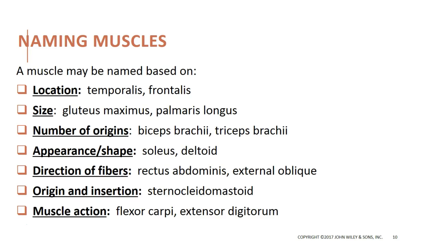The direction of the fibers is used for naming muscles when we look at something such as the rectus abdominis. Rectus or rect in the human body indicates something that is straight. So these are the straight muscles that we commonly call the six-pack muscles in the abdomen. We also have a layer of muscles in the abdomen called the external oblique.